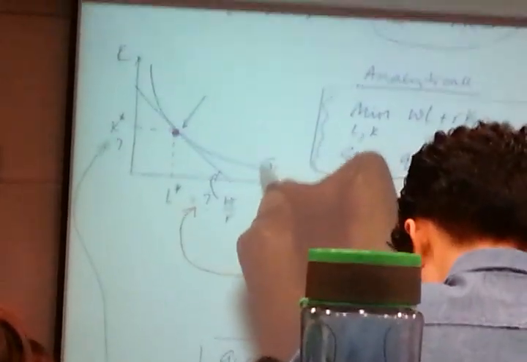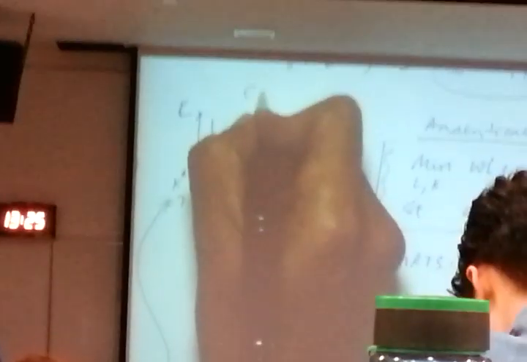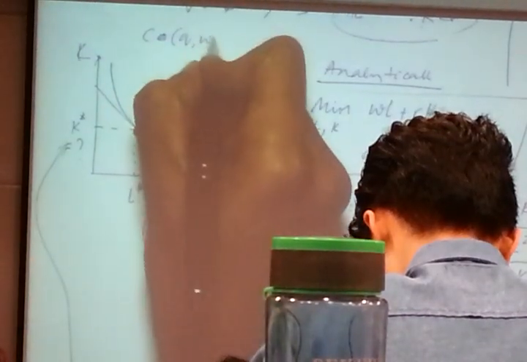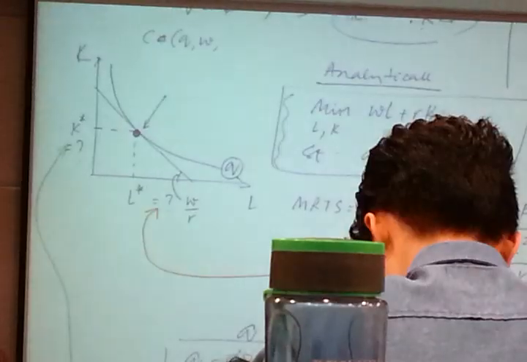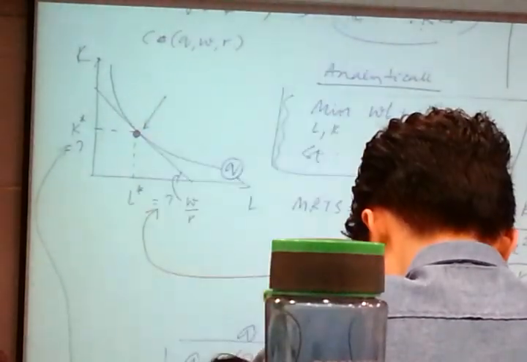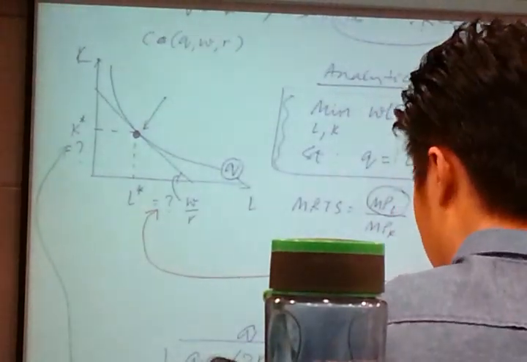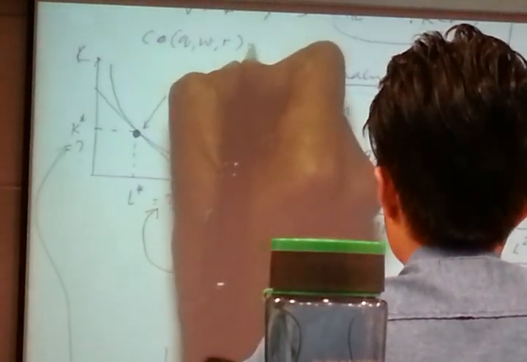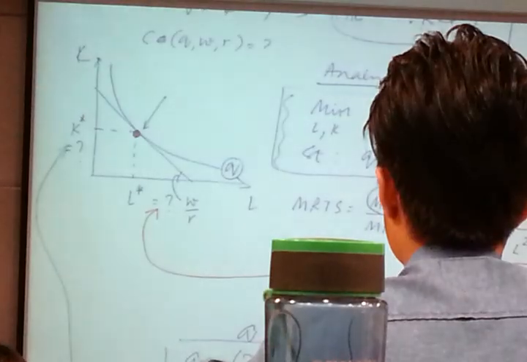So the lowest cost of producing the output level Q is the cost function, and I know it must be a function of the output I want to produce Q, the unit price of labor W, and the unit price of capital R. I'm looking for a cost function like this. How do I do that?